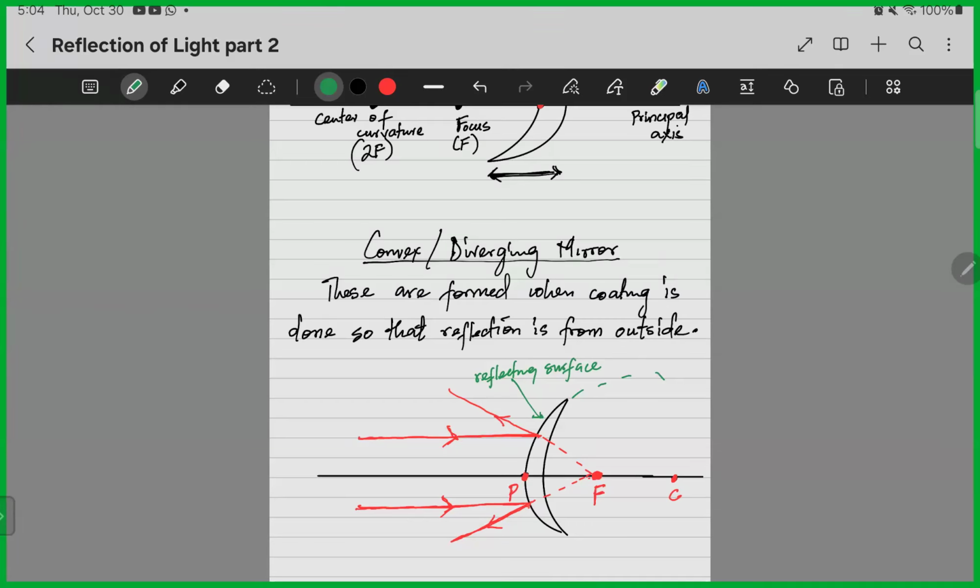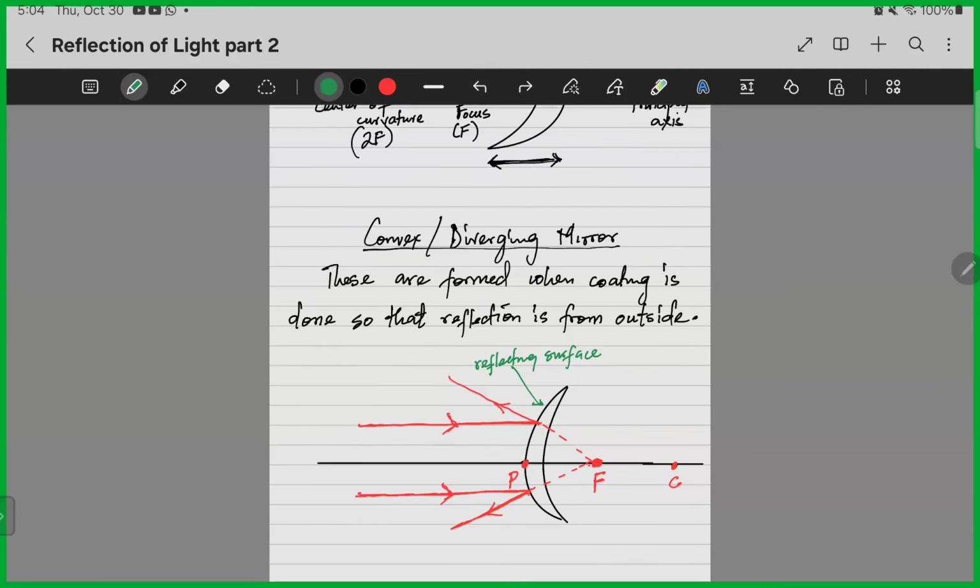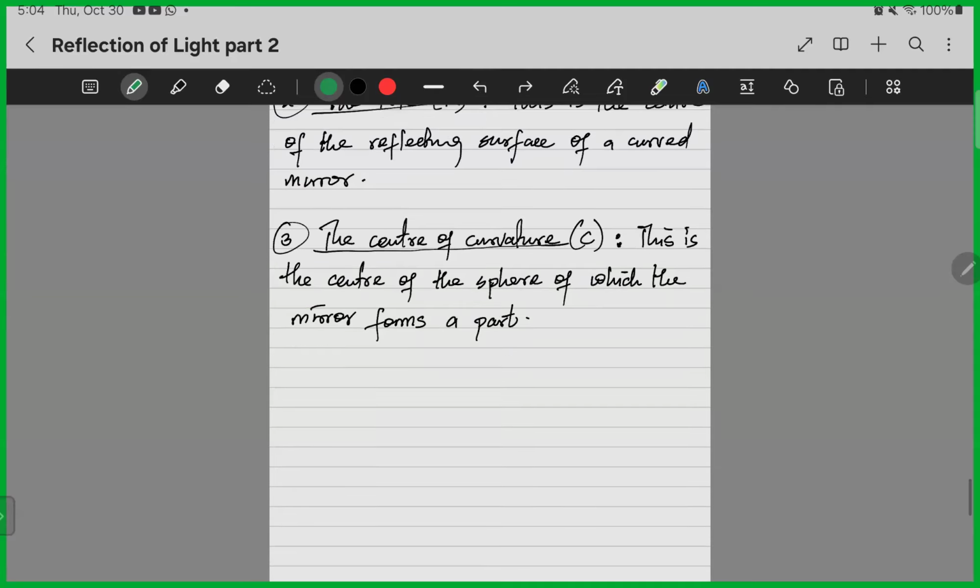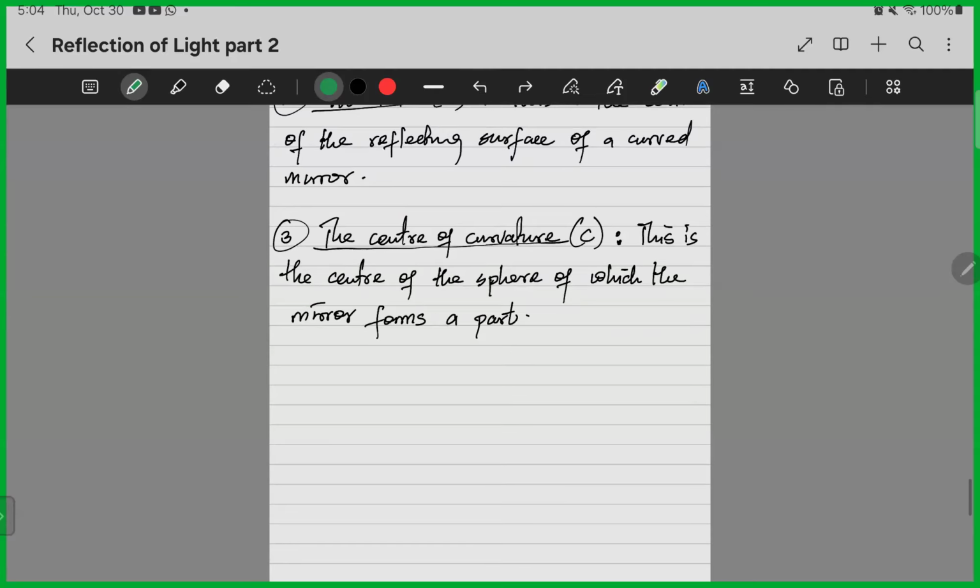If I'm going to form a full circle, let me put it that way, that center of curvature will fall at the center of that circle. That's the idea. So it's a very straightforward idea. So let's go on.